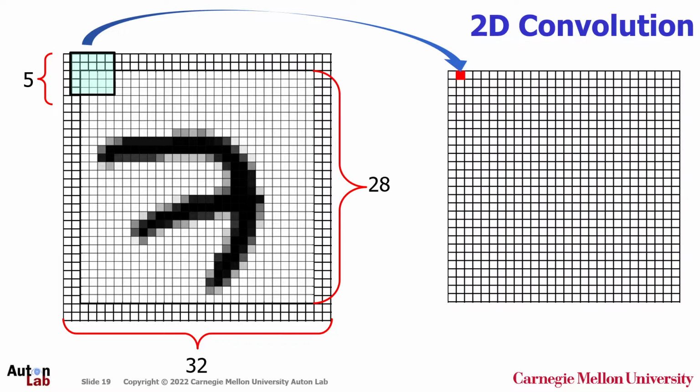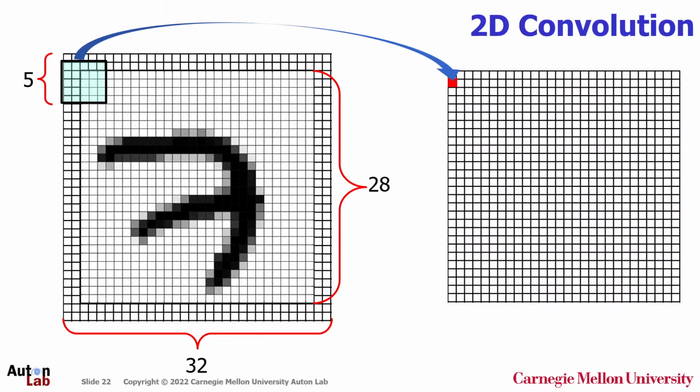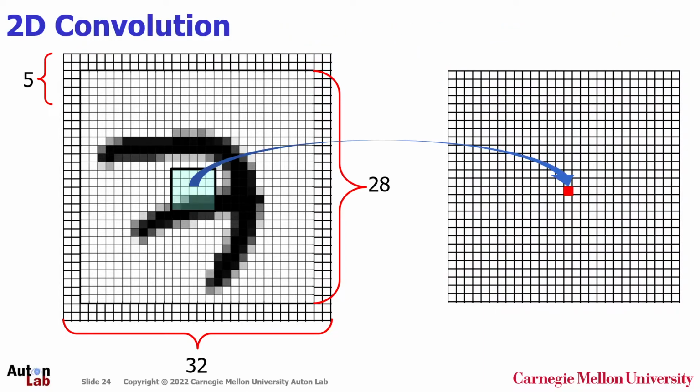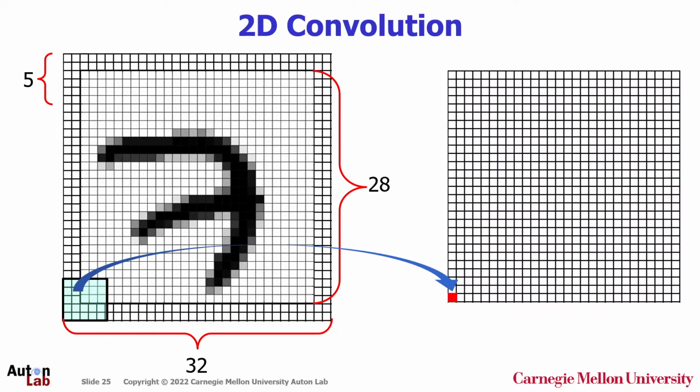We repeat this process till we are done with the first row, and then we move to the next row. And so on. We repeat this whole process till we arrive at the last row, and then finally we calculate the bottom right corner of the convolved image. This is how we can calculate a feature map or a convolved image with the convolutional kernel.